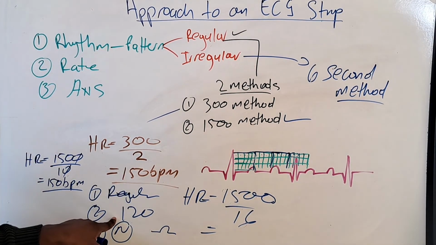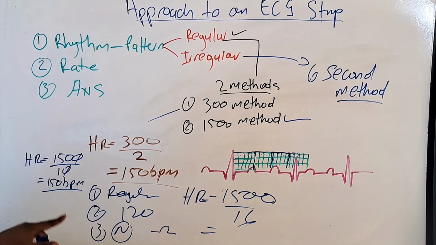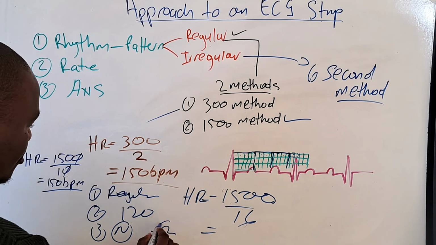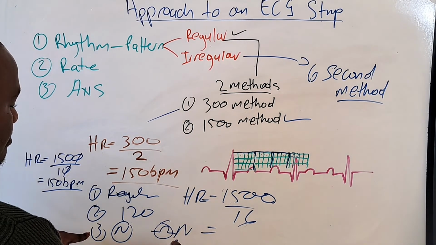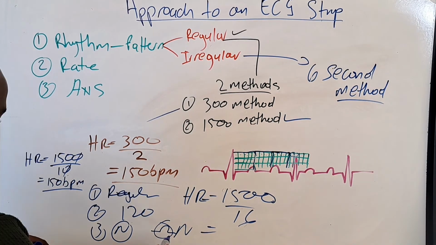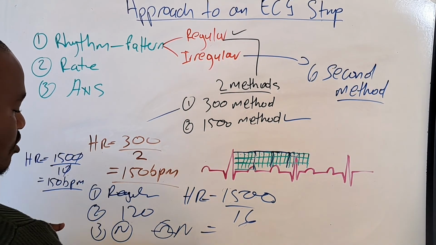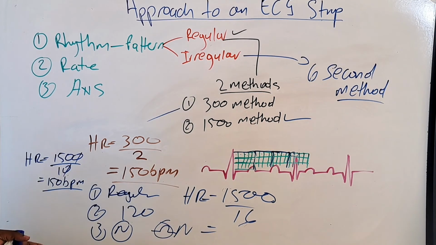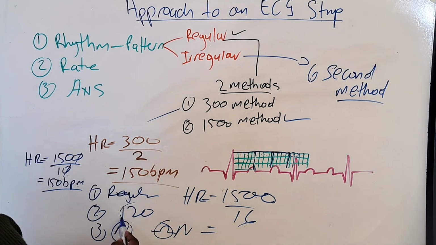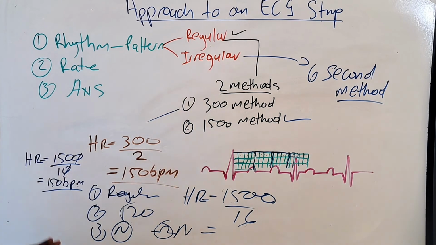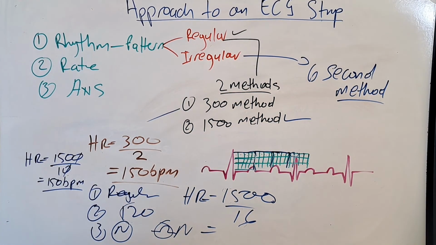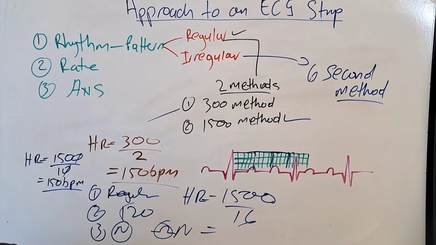You've got a tachycardia, so now you want to classify your tachycardia. That's when you're going to need to check your P waves and your QRS. We are going to talk about what sinus rhythm is in another video. Then you can tell what kind of tachycardia you are dealing with. But what I've just given you now is the basics, the entry level of interpreting an ECG.